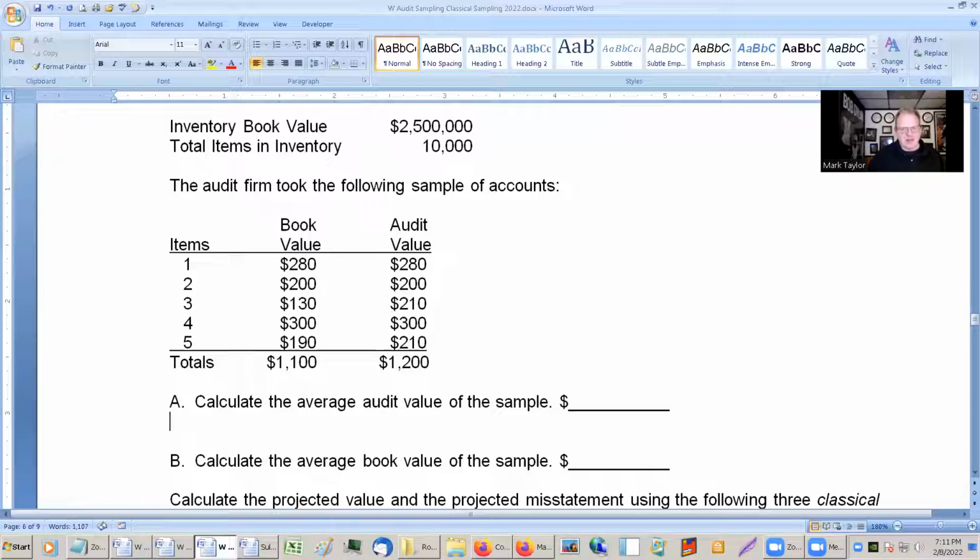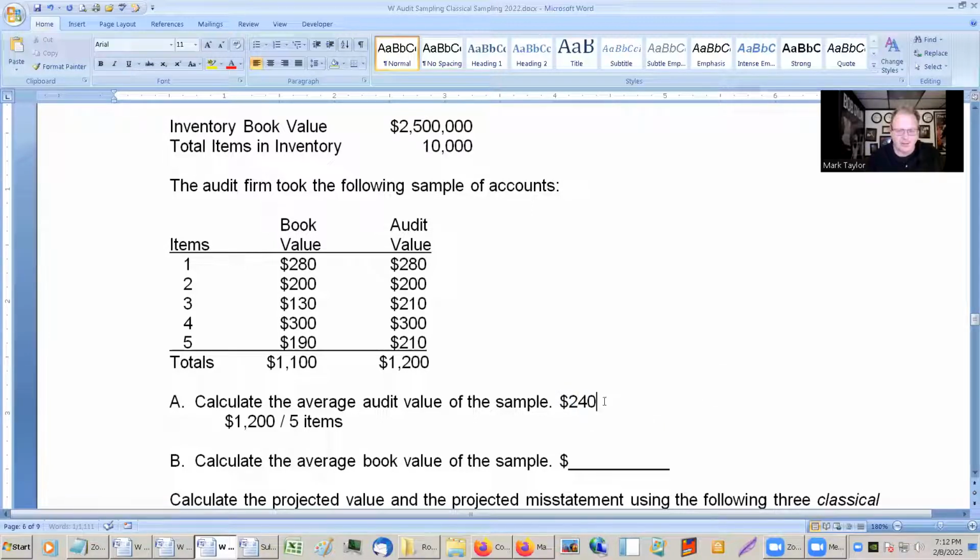So how do we find the average audit value? We're going to divide by how many items? 5. Yeah. Did we already do this one? Am I the only one that didn't do it?